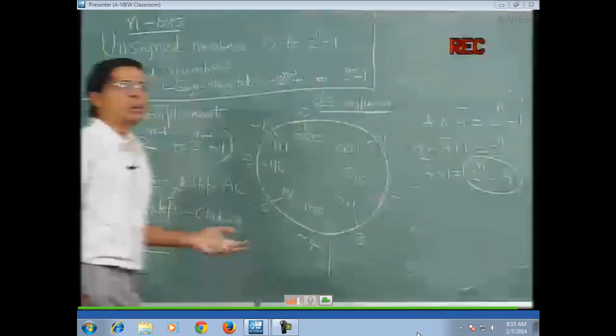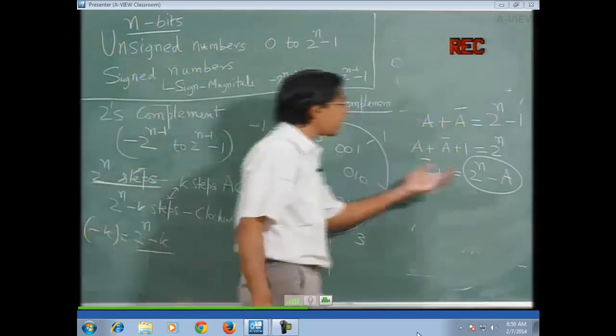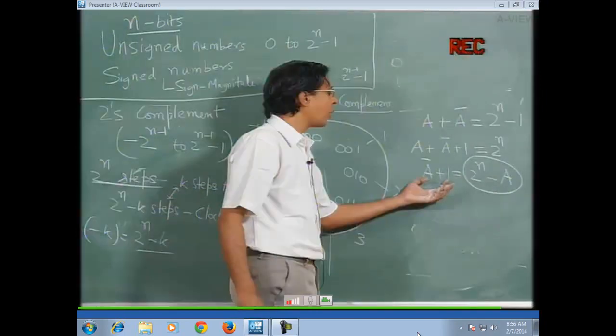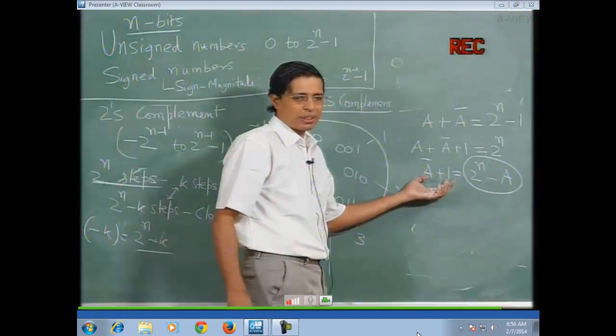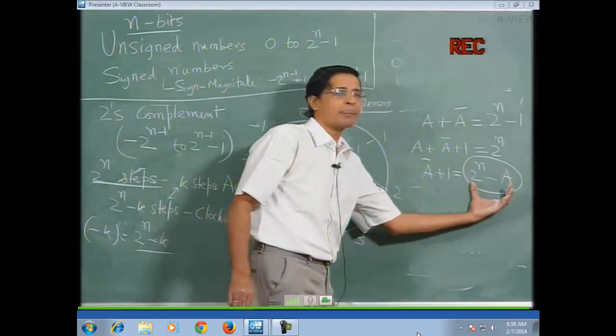I want minus A to be represented as 2 power n minus A. And what is 2 power n minus A? It is nothing but A complement plus 1. So if I complement every bit and add one, I get the desired representation for minus A.